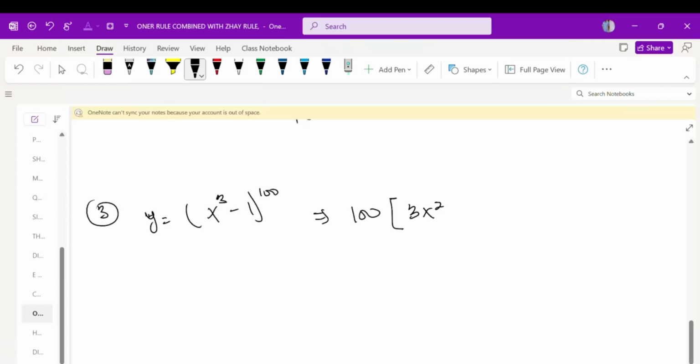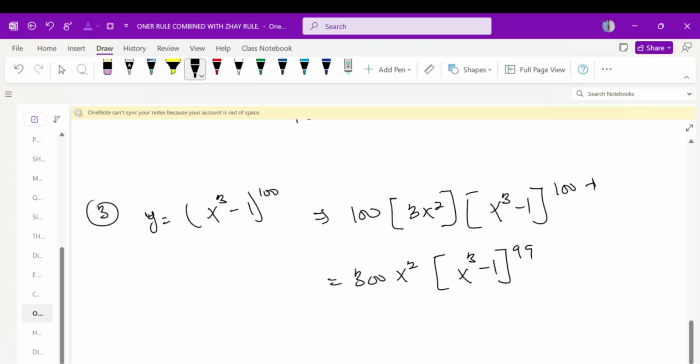Okay. When you differentiate 1, it is a constant, so you're going to get 0. Then we'll maintain our function given to us. Then you subtract 1 from the exponent. Okay. So you're going to get 300x squared multiplying x cubed minus 1, exponent 99.